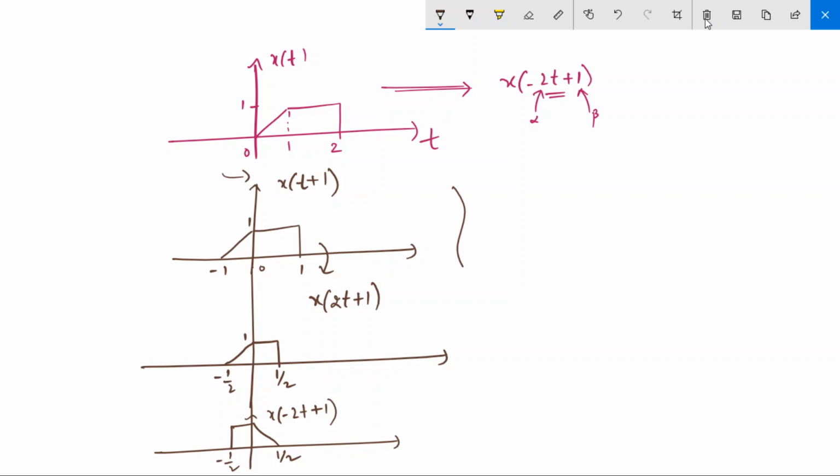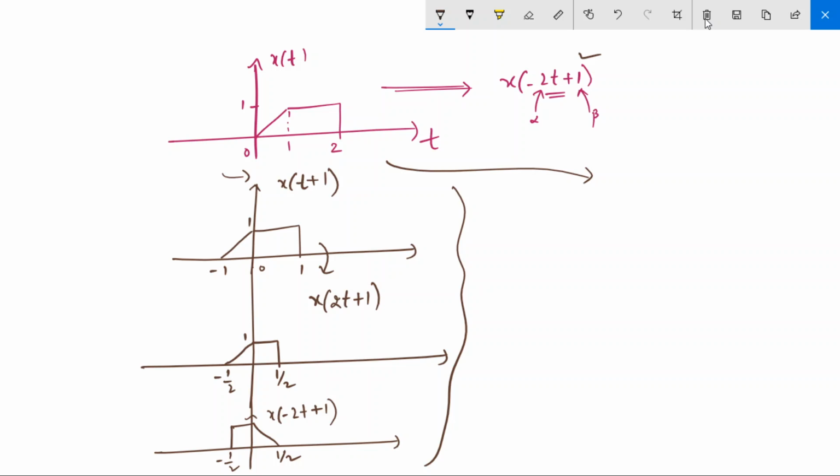Okay, this is a simple way how you can get x of minus 2t plus 1. If it was x of minus 2t minus 1 here, then in place of left shift you should have done a right shift.